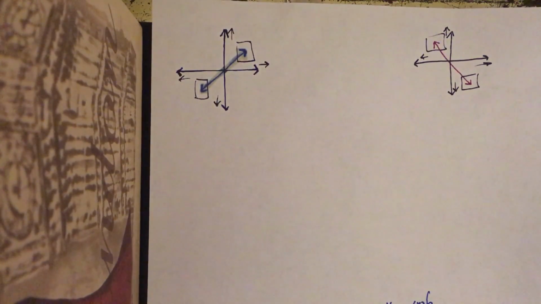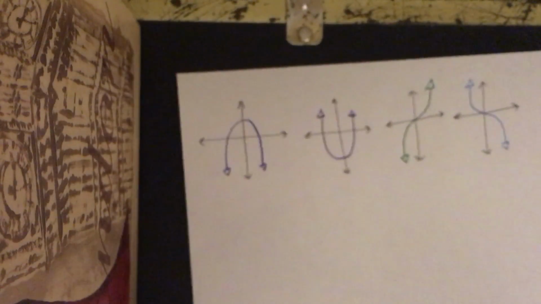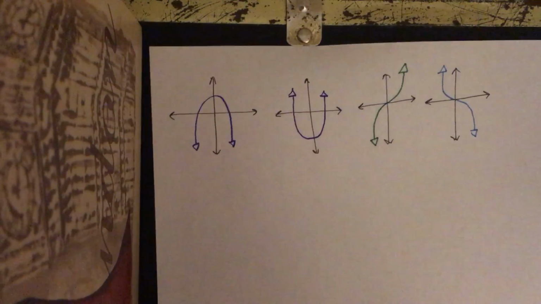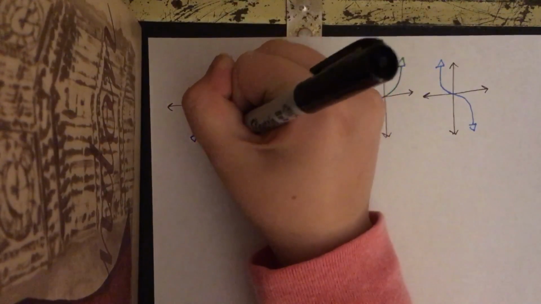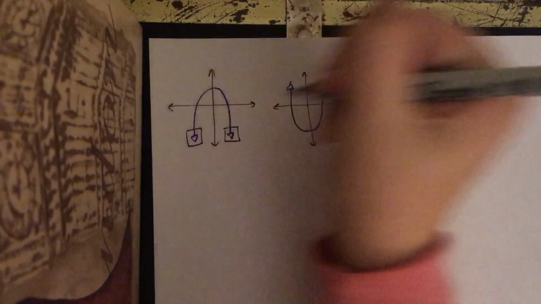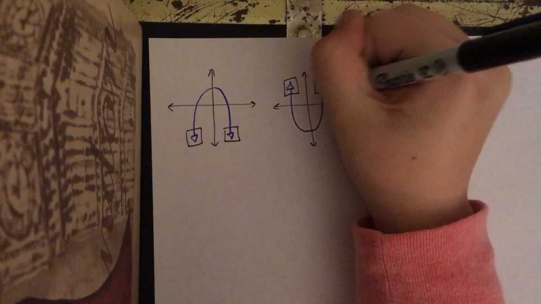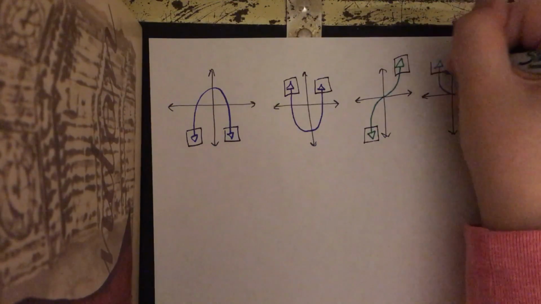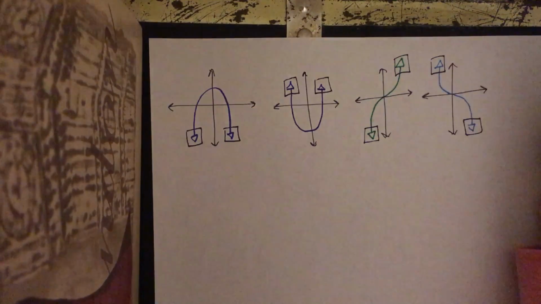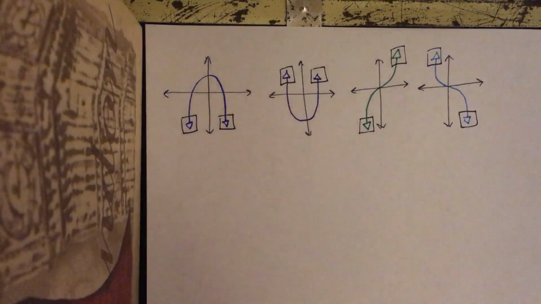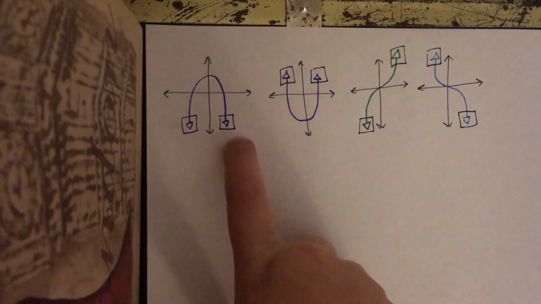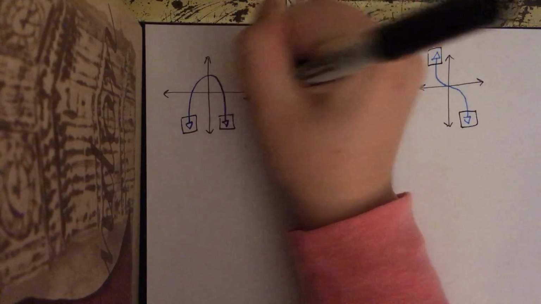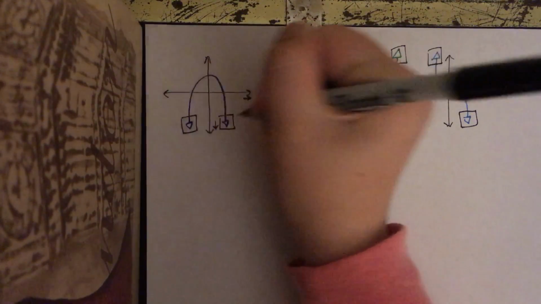Now, let's continue with some other graphs. For these graphs, let's put a box around our ends again. So here, we see that as x is going to the positive range, y is going to the negative range.